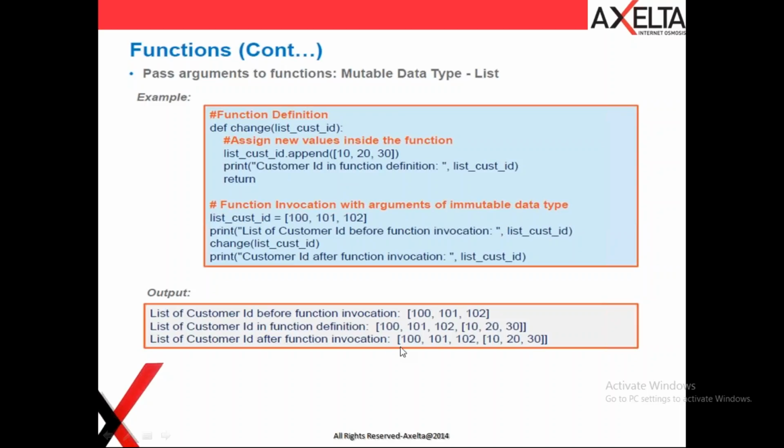So finally you will get the output like this: 100, 101, 102, and since you have appended, you will get 10, 20, 30 also. Why? Because list is mutable. Mutable in the sense whenever a function is trying to do any changes, those changes are reflected. Is it clear? So don't be confused.